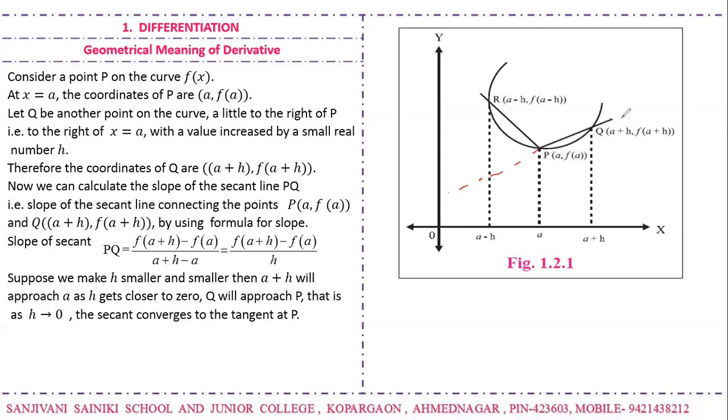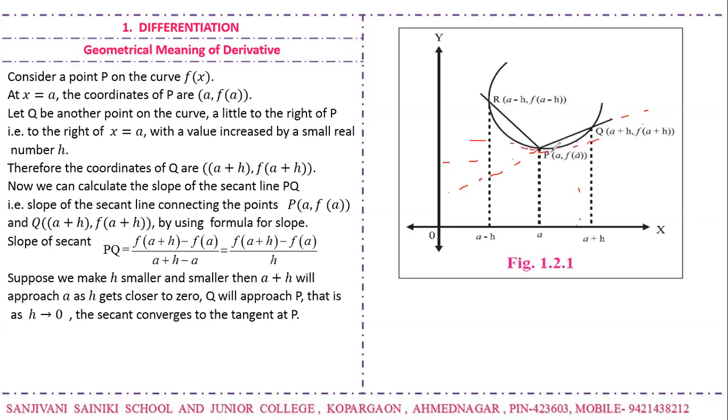So if I extend this secant line, by this way, and as this h gets very small, suppose this h is here, a plus h is here, then I will get this line as this. After some time, it looks like this.